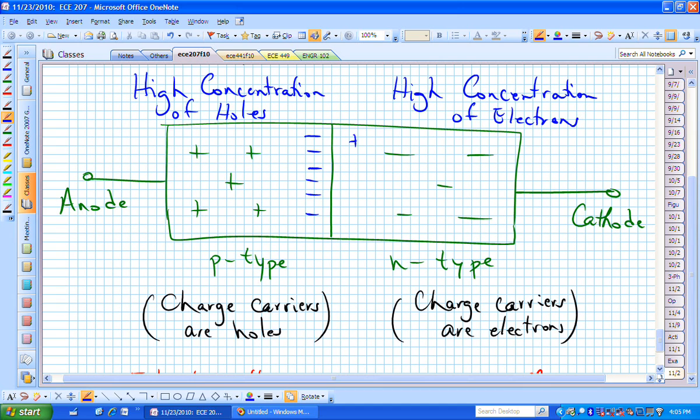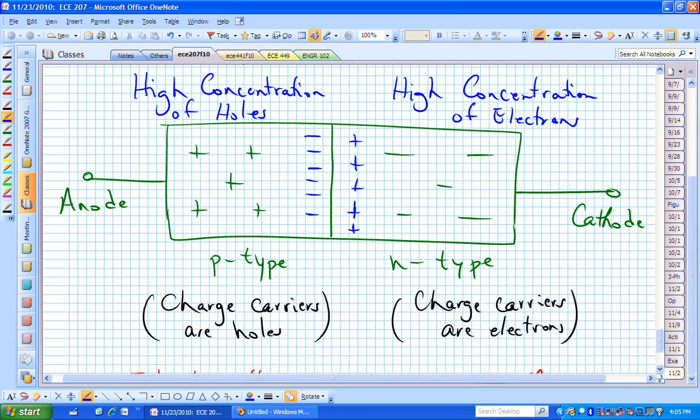Likewise with the P-type. If the P-type starts losing electrons, or if the P-type now has holes that have migrated to the right, what's left on the left-hand side? Electrons, indicated by that negative column. In the N-type material, if our electrons have diffused over to the left, now we're left with protons or holes on the right.